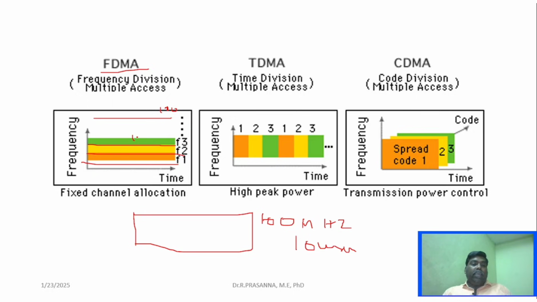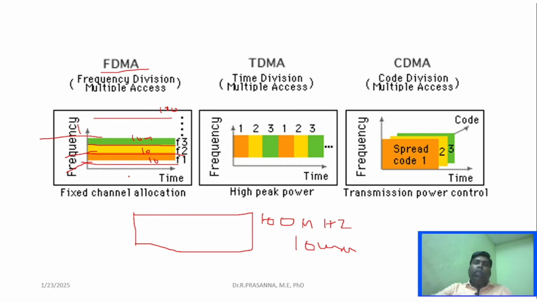So this will be 10 megahertz, and this will be 10 megahertz, this will be 10 megahertz. And each and every user will be allocated one particular channel, that is one particular 10 megahertz, right? This will be for user 1, this will be for user 2, this will be for user 3. This is called frequency division multiple access. The entire bandwidth is divided into frequency slots, and each frequency slot is given to a user.